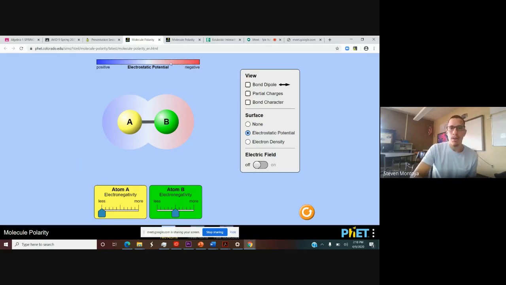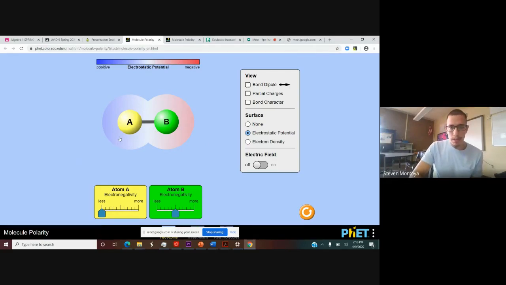So the negative charge is becoming weaker, okay? Or you could say the electrostatic potential in the negative direction is becoming lower or smaller, okay? Until you get to the white spot again, which is zero charge. There's no charge around the molecule.